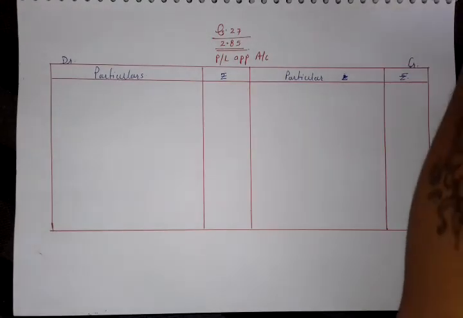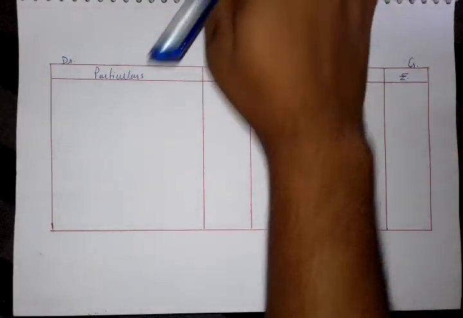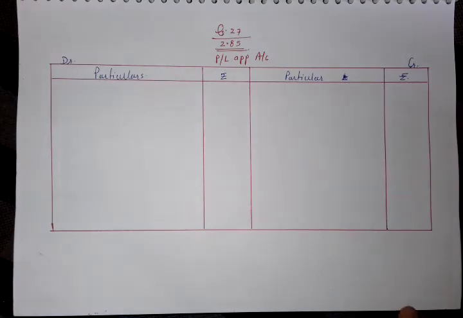Now the question number is 27. X and Y are partners in a firm. X is entitled to a salary of 10,000 rupees per month and commission of 10% of the net profit after partner salary but before charging commission. This one is also new.